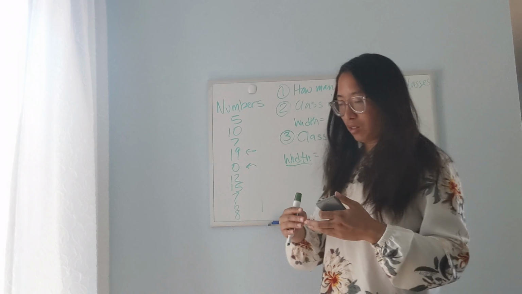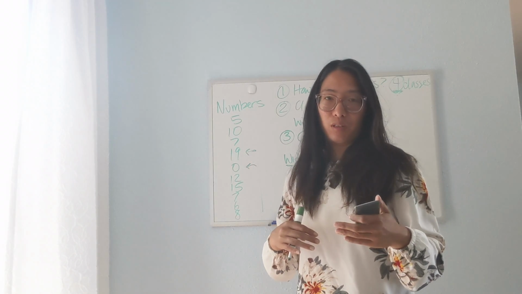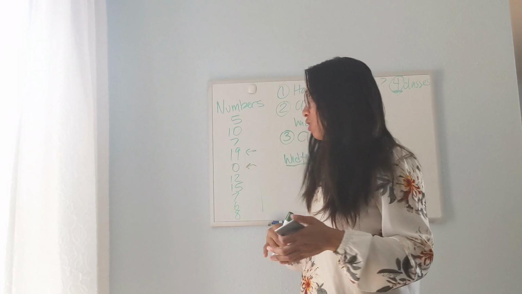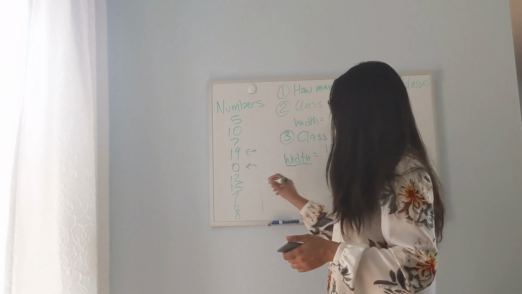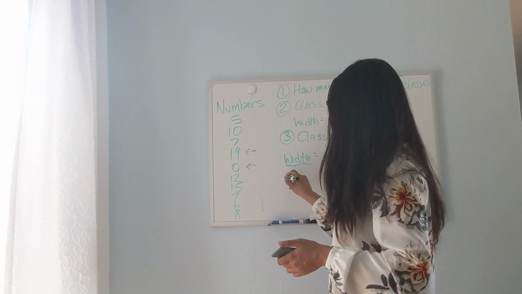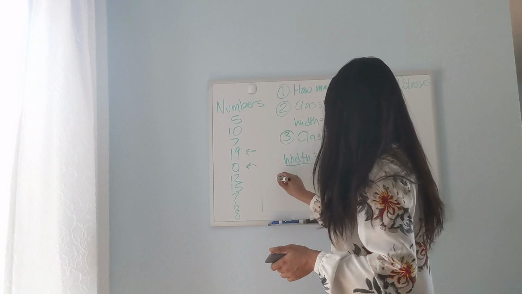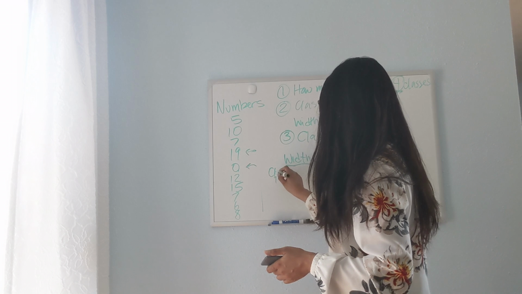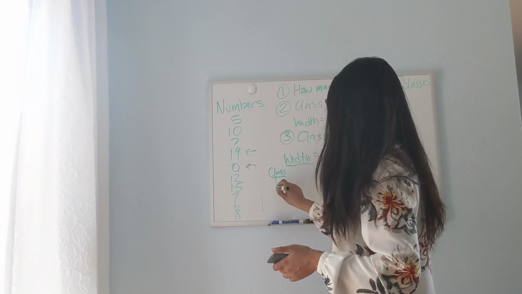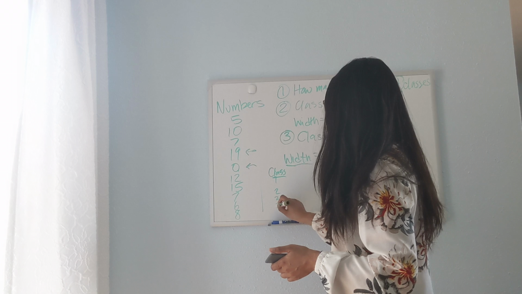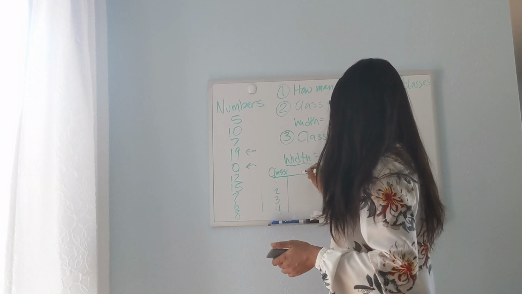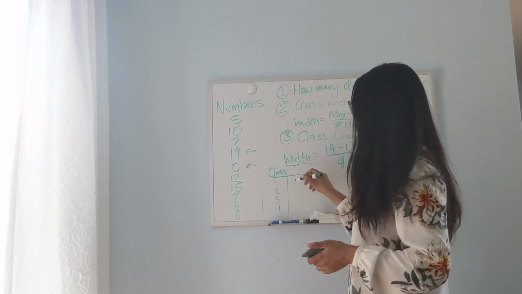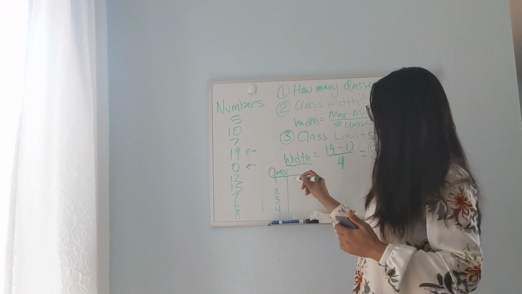Your class limits need to include all the numbers in your table. How I normally start is I look at the smallest number, which is 0. And I need 4 classes, right? Class 1, 2, 3, 4. The way I do this is for the lower limit, you add 5.